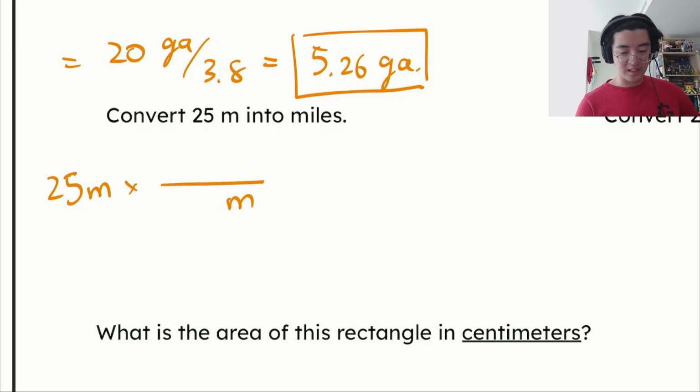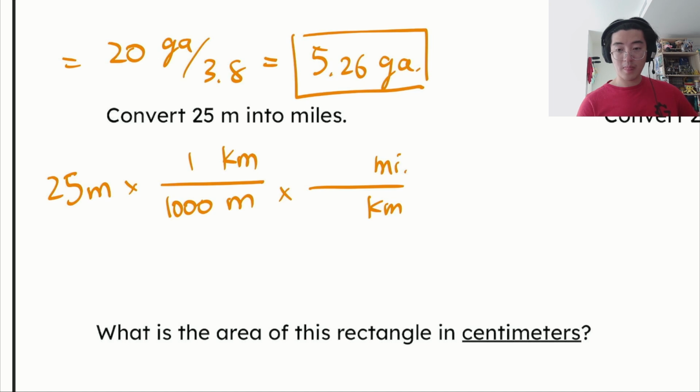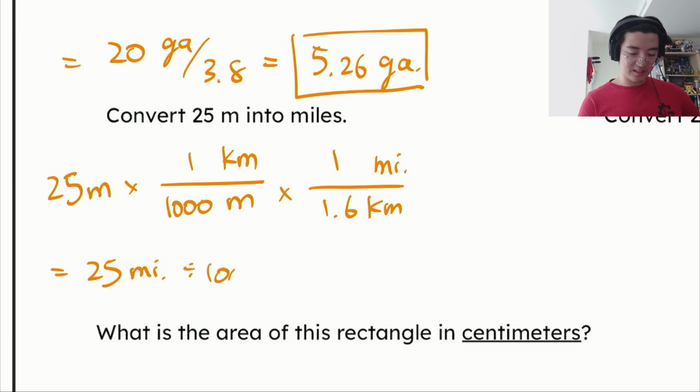We want to first convert meters into kilometers, so we can use the conversion factors, and then convert kilometers into miles. So I got 25 divided by 1,000, divided by 1.6, which is 0.02.